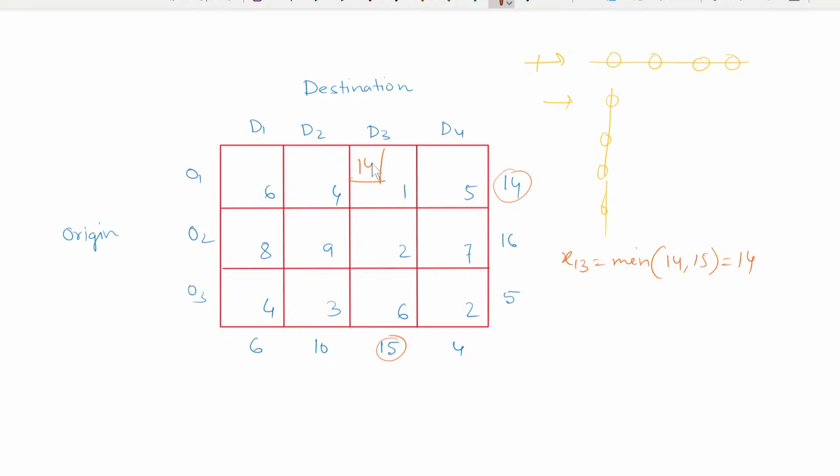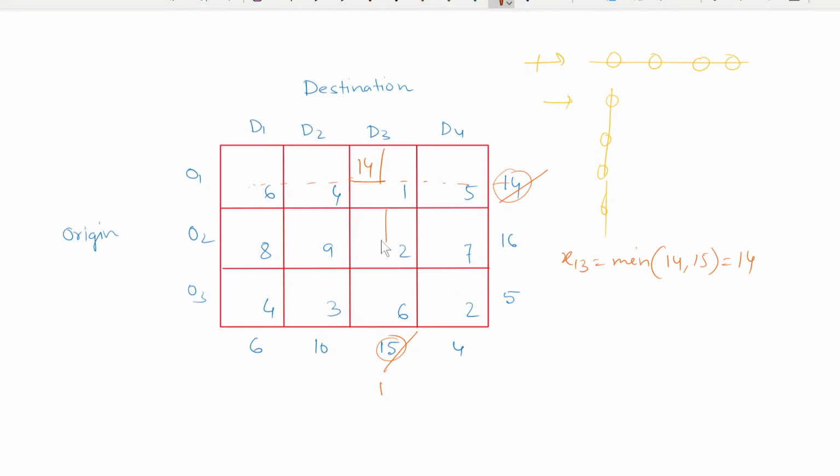So we allocate 14 here, and the availability from origin O1 is exhausted. And the demand for destination D3 is remaining 1 unit only.